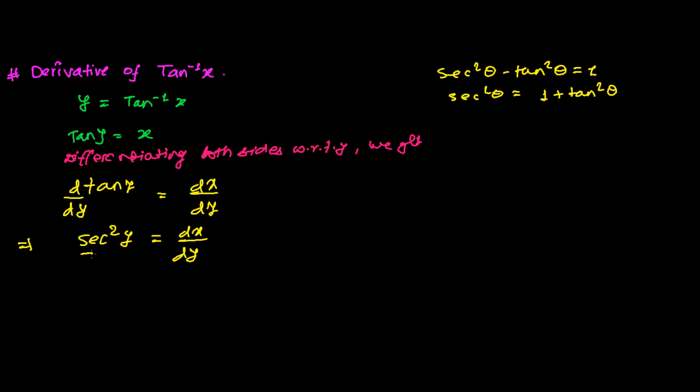So instead of sec square y, we can use 1 plus tan square y equals dx over dy. And what is tan y? Tan y is actually x, so I can write x squared here.